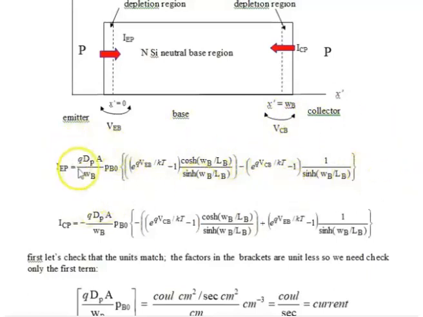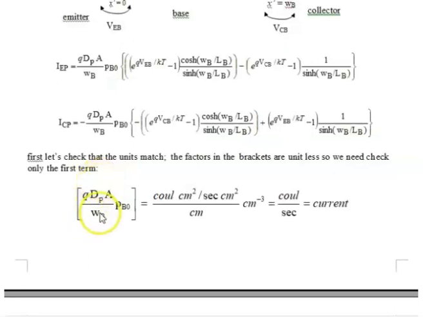And we're hoping that the units of this term right here, the coefficient, will be units of current. And they are. Of course, Q is in coulombs. The diffusion constant is in centimeters squared per second. The units of area are centimeters squared. The units of distance, centimeter.